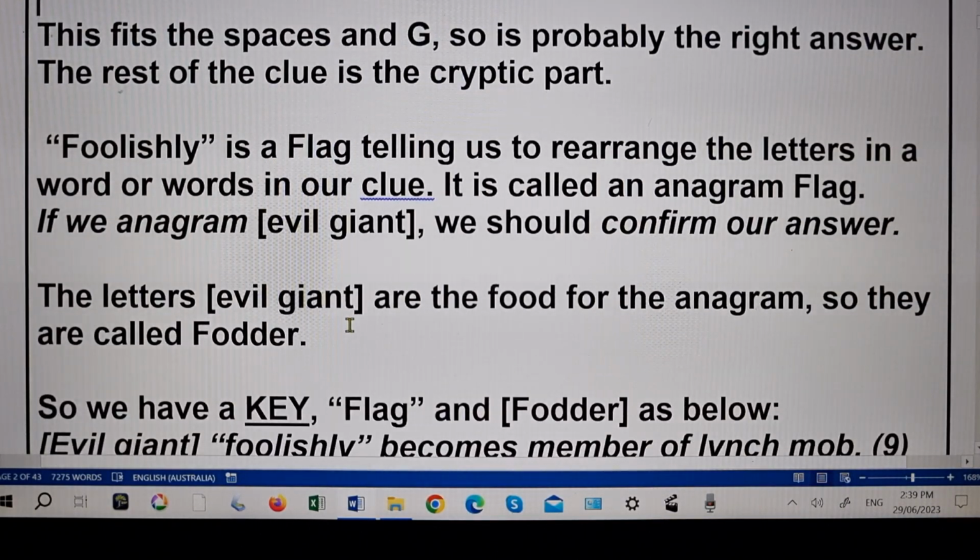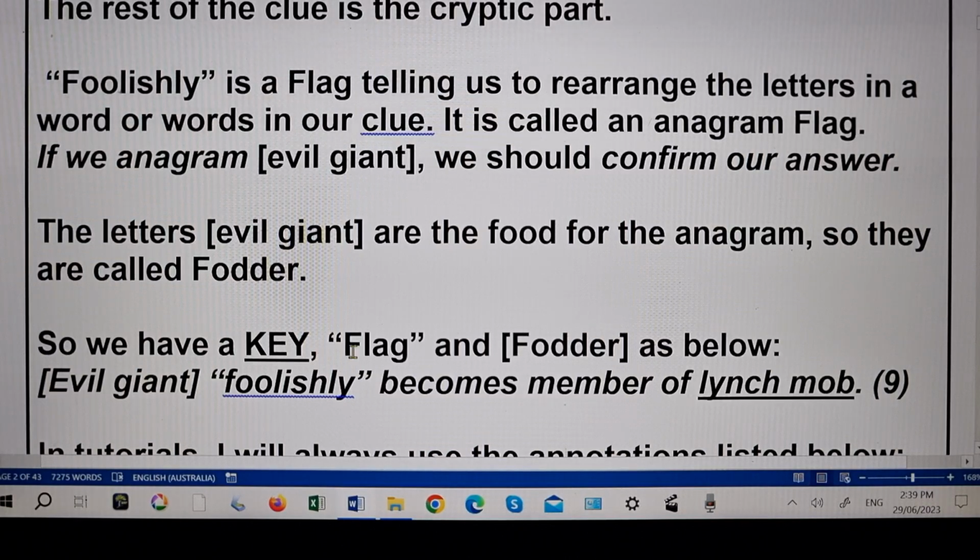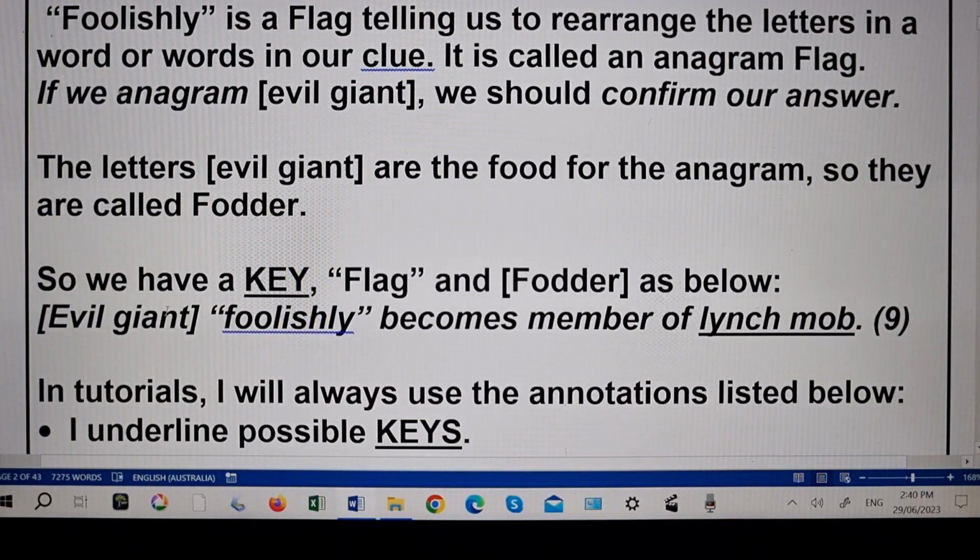The letters evil giant are the food for the anagram, so they are called fodder. So we have a key, flag, and fodder as below. Evil giant, foolishly, becomes member of lynch mob. And a member of the lynch mob, not just lynch mob, the whole thing is the key. So the whole thing has to be underlined.